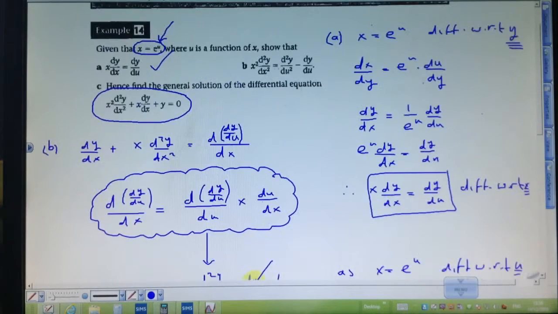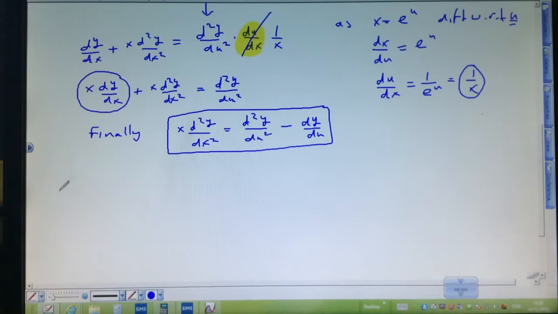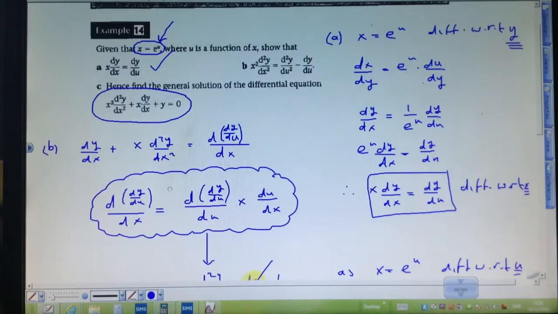Now the question goes on to say we've got to use these two parts. It says hence, so we're going to use these two to find the general solution for this differential equation. Now the differential equation, if I quickly write it down, for part C is x squared d2y by dx squared.